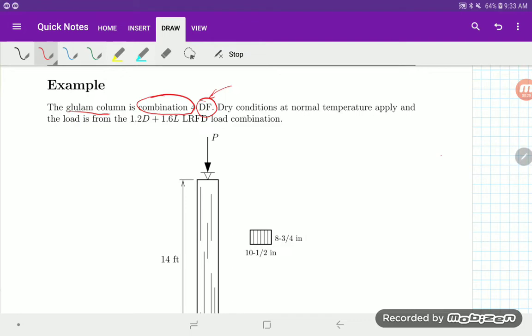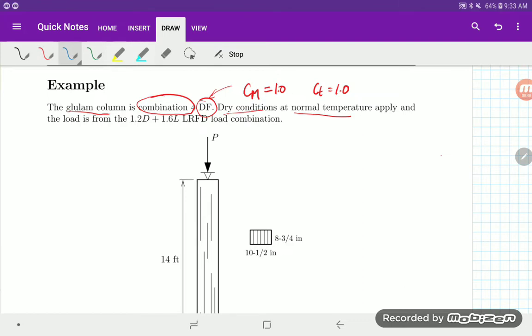We are going to assume that it's normal conditions, so dry conditions and normal temperature. So dry conditions gives us information on the C sub M, the wet service factor, which is 1.0, and the C sub T is 1.0 also, which is normal temperature.